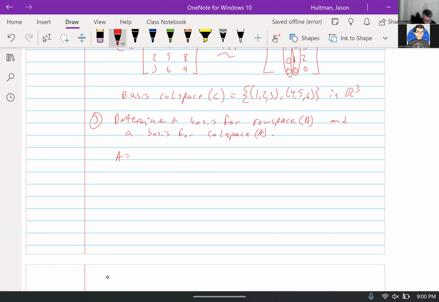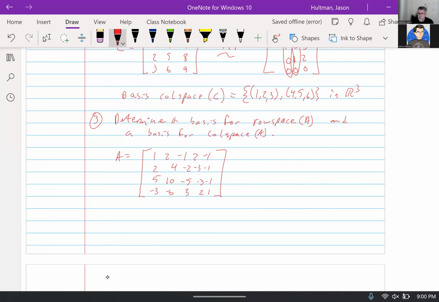Well, matrix A happens to be a 4 by 5 matrix, so it's a big matrix. 1, 2, -1, 2, -1, 2, 4, -2, -3, -1, 5, 10, -5, -3, -1, -3, -6, 3, 2, and 1.